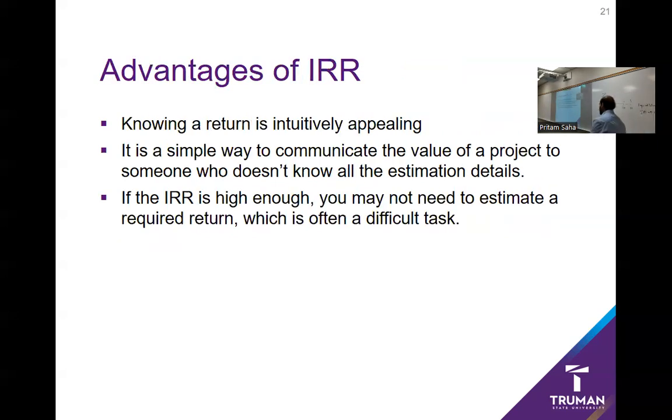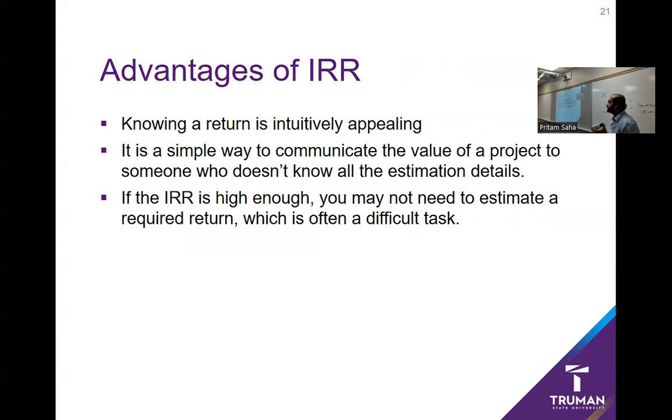Some advantages of IRR. IRR always gives you results in terms of return, right? So that's why it is easy to think about, by investing in this project on a relative basis, how much we are generating. Because some projects you need $100 worth of investment, some projects you may need 100 million worth of investment, right?